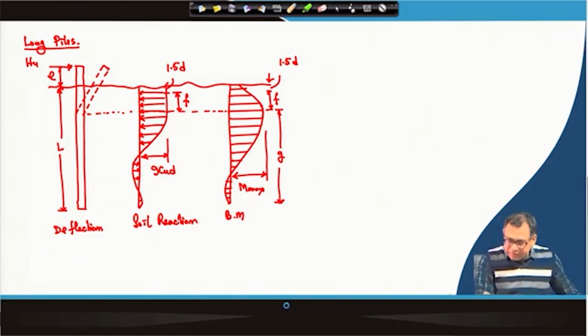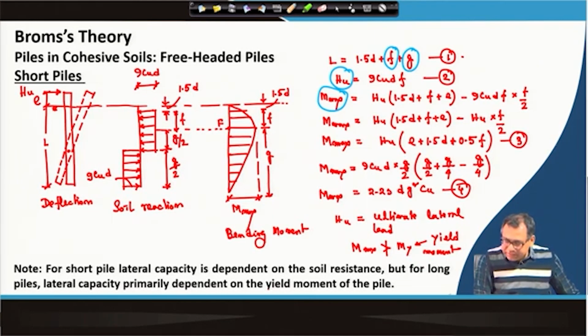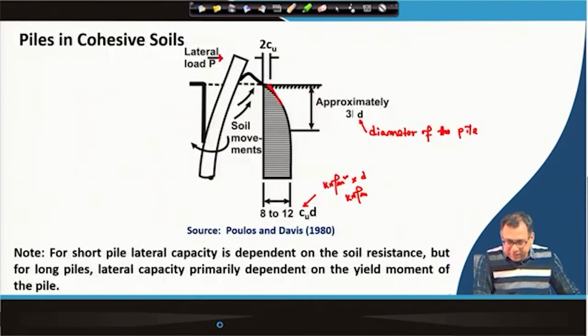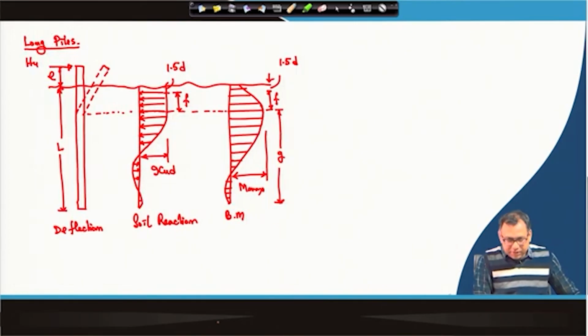So equation 2 is valid, equation 3 is also valid, but equation 4 is not valid, because we cannot write equation 4 here. So we can write equation 1, equation 2, and equation 3.